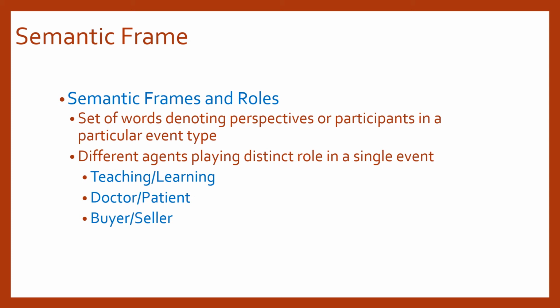We have to understand how words are related in a larger context, and how they are related in a smaller context. And then, for example, in paraphrasing detection, you have to understand what different roles are played by the different agents.